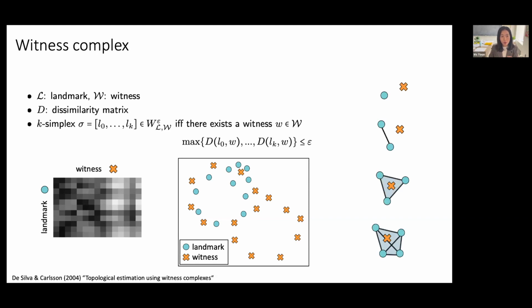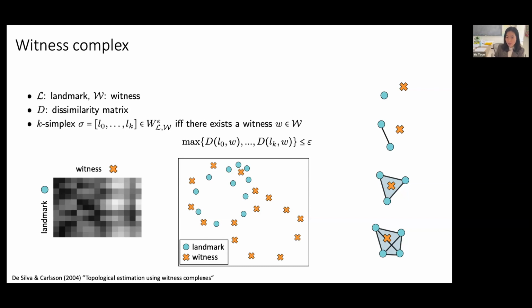If I were to build a witness complex at a particular parameter, let's say epsilon, I add simplices consisting of only the landmark points if the corresponding landmark points have a common witness, i.e., if there is a point among the witnesses that is close enough, where close enough here is governed by the parameter epsilon, to all the landmark points that are involved.